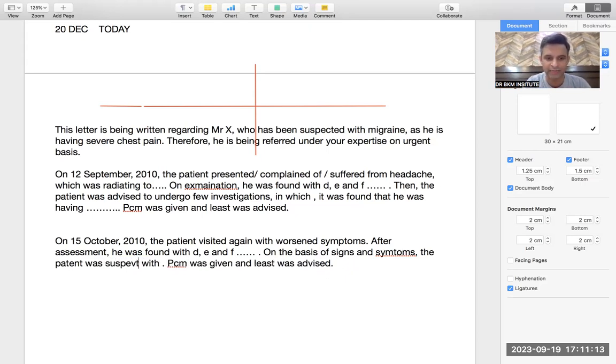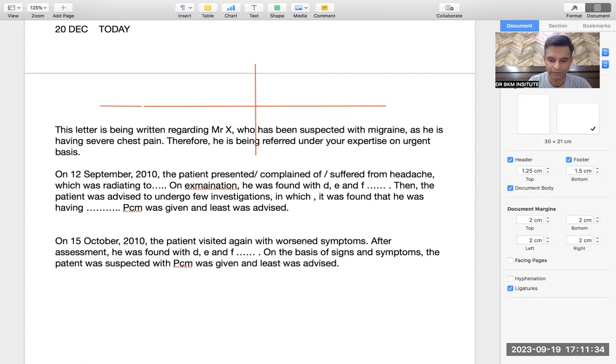This you will learn with later. I'm just telling you the grammar today. So if it is a question mark, that means he is a suspected case. So was plus third form, again passive voice. So only the symptoms would be in active, otherwise everything is in passive. He was found on the basis of signs and symptoms. The patient was suspected with this.